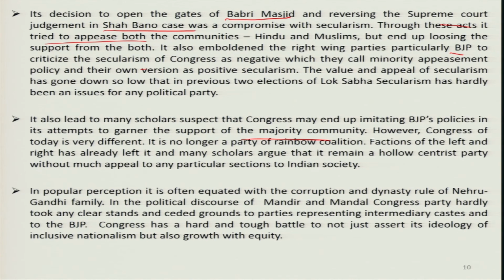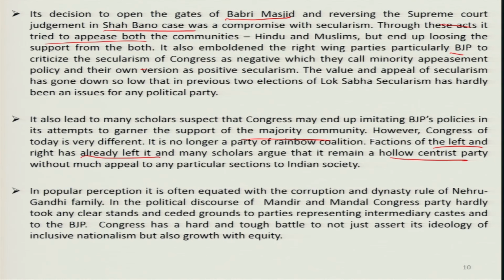Factions of the left and right have already left the party, and many scholars argue that the Congress party remains a hollow centrist party in the absence of left and right. So, within the party there is a kind of hollowness in terms of its centrist position, which has very little appeal to different cross sections of Indian society, which is represented by other regional parties and also the BJP.